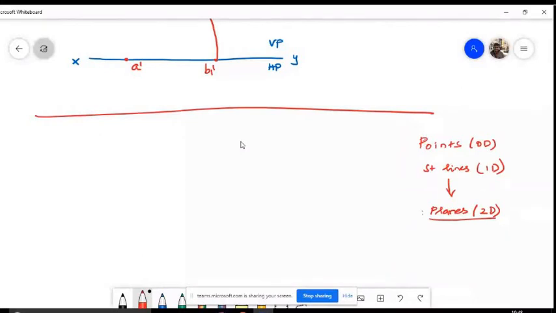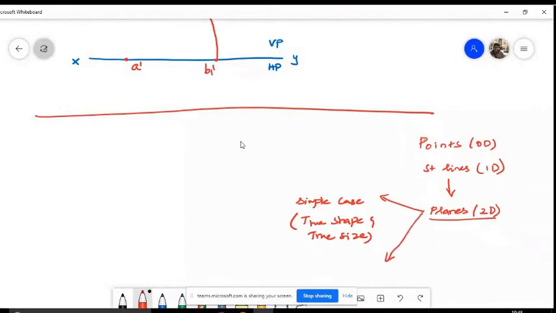Again, the projection of planes can be of 2 types. One is a simple case. Here the simple case means if you are able to see the true shape and true size in any one of the views, either the front view or top view, then it is called simple case.